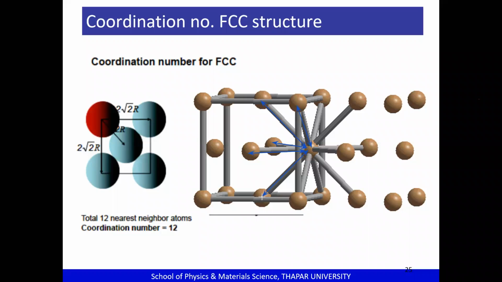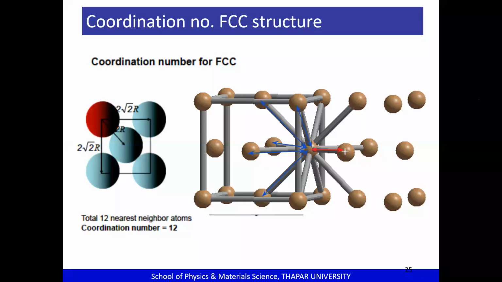That means, vis-a-vis this central face atom, I can find 4 closest distances with 4 surrounding face centers. Which 4 face centers? Top, bottom, front and back. These are the 4 ones. And now if I move 1 unit cell ahead, I can find a similar situation on the front side.